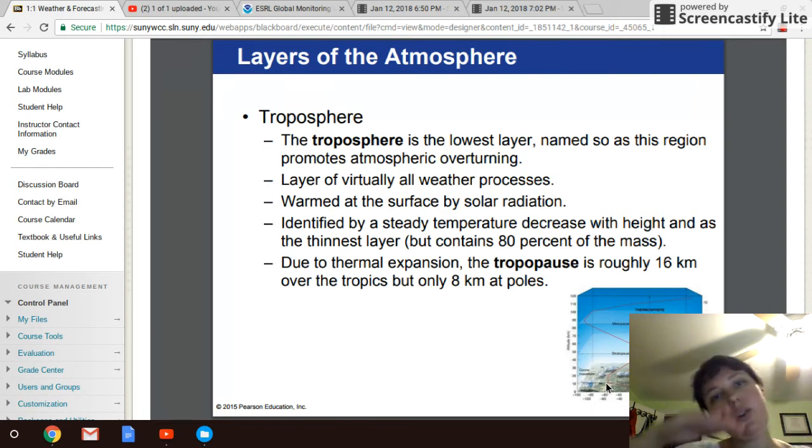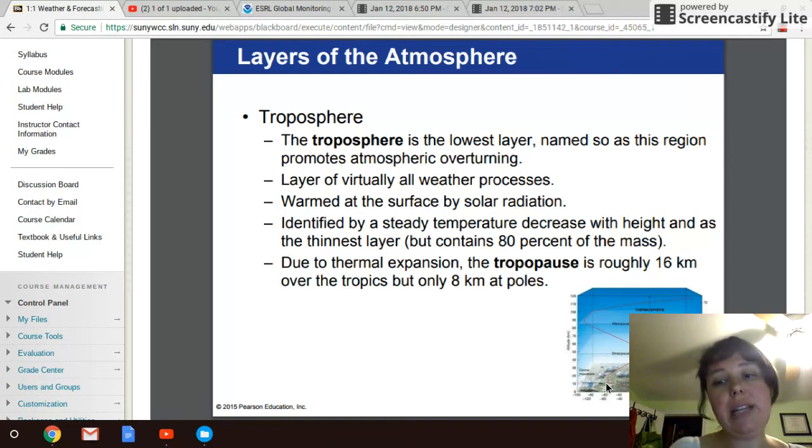So I'll increase in height a little bit more, and then I'll hit a point where I have an unusually high amount of ozone. So going back into that one particle that we talked about, as well as a few other greenhouse gases like methane and nitrous oxide and water vapor. They're all present up there, but there's a high proportion of O3.